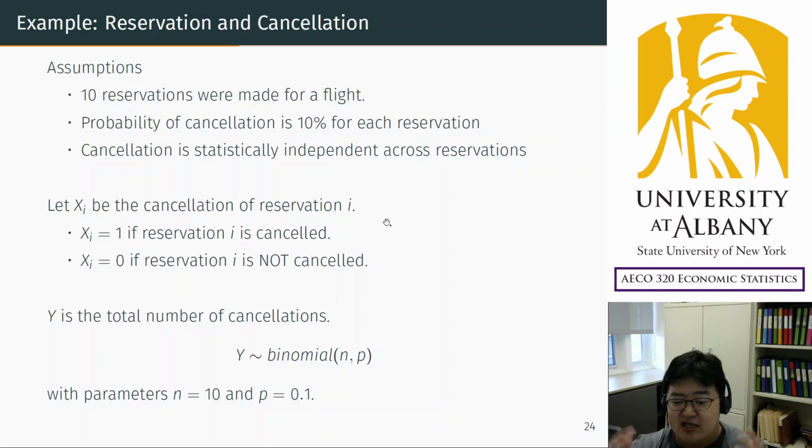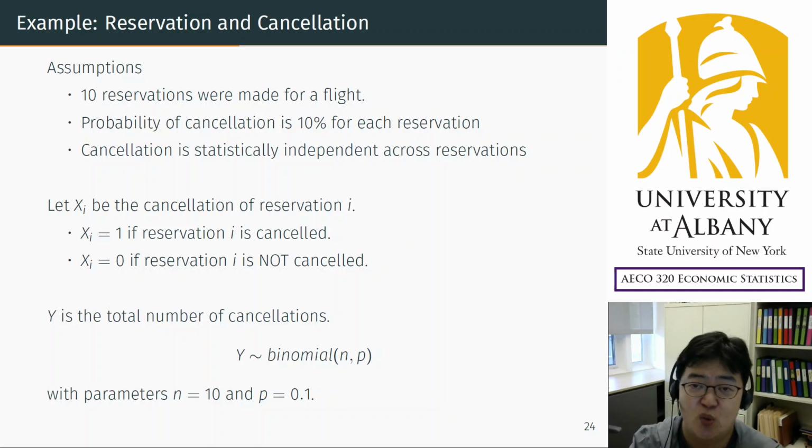As I said, it's not good, but we are counting cancellations, so we call them 1 or success. The notation can be confusing. And 0 if not cancelled. And then Y is the total number of cancellations.